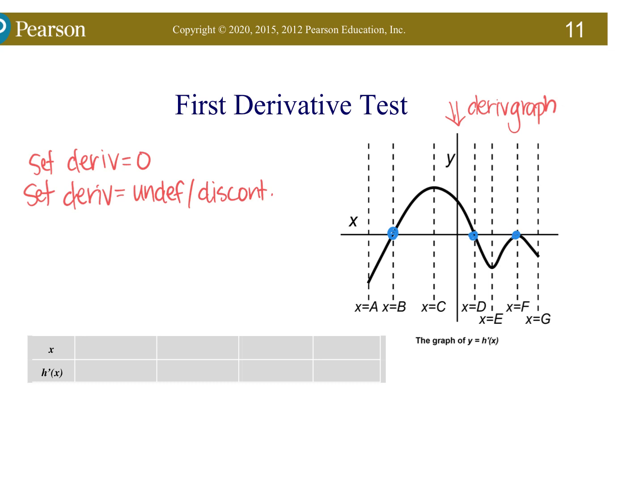And there are no points of discontinuity. Even if it barely touches, it doesn't have to cross. Okay, so then we set up our chart. X less than B, X from B to D, X from D to F, and X greater than F.